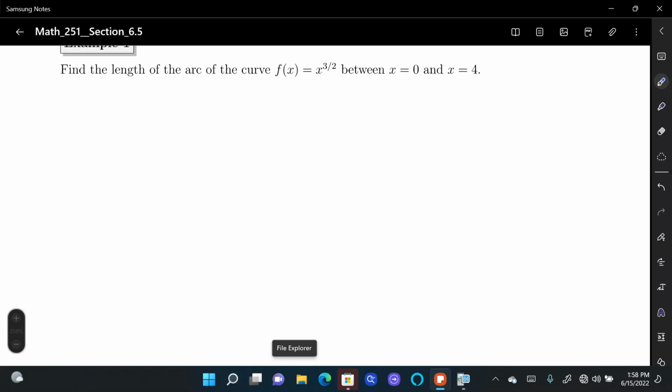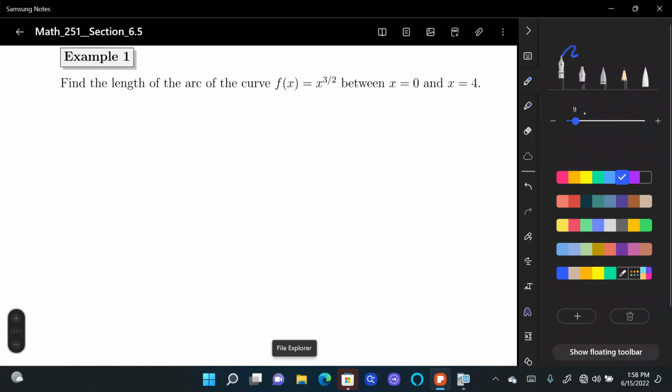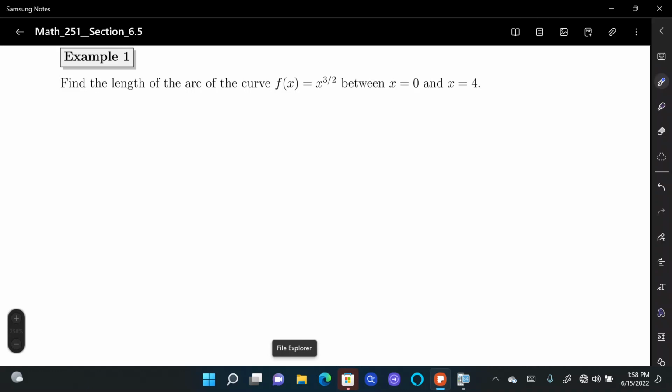Let's find the arc length for this given function f of x equals x to the 3/2, from 0 to 4. Alright? Well, in this case, let me make this a little bit bolder. Okay. So what do we need? We need to identify, of course, our function.